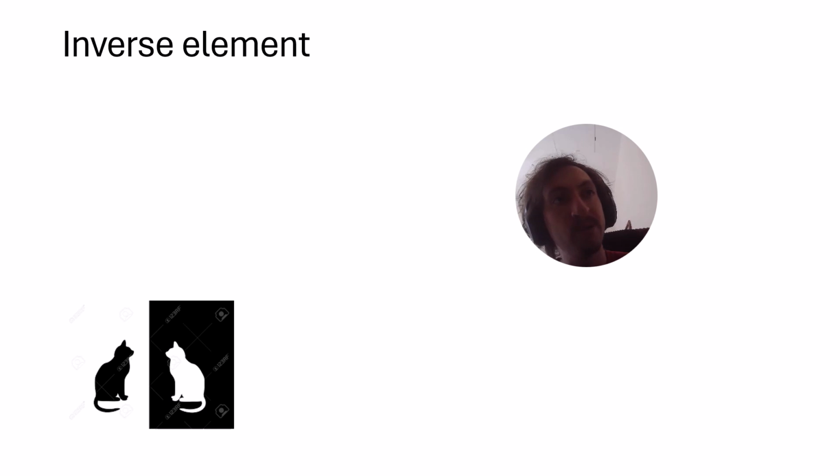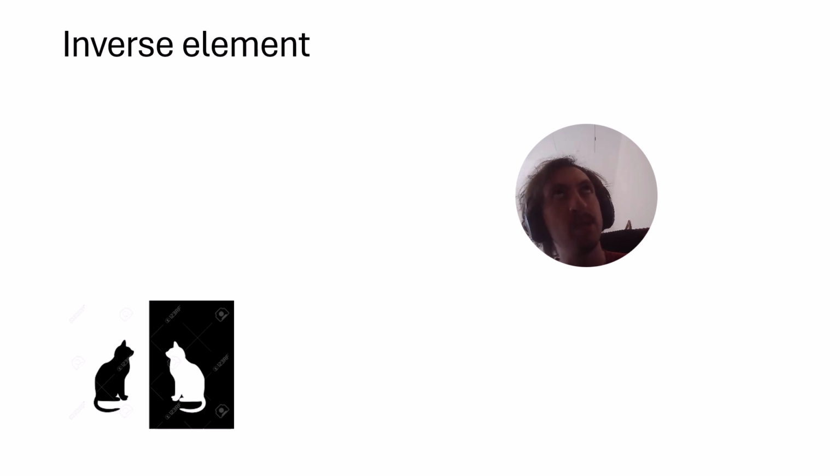Also sometimes finding the identity element for a group can be tricky. However, once you have the identity element, it's often fairly straightforward to work out what the inverse element is, and to show that the inverse element is indeed also within the group. And that's what we're going to do now.